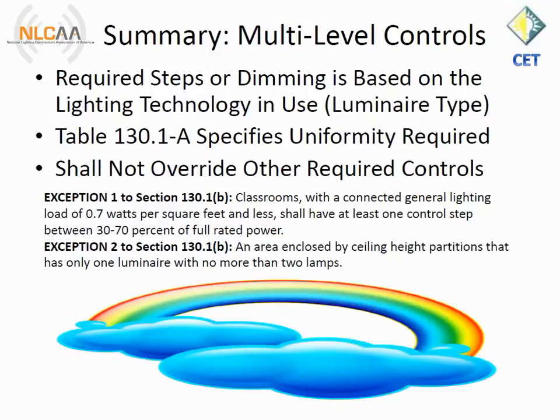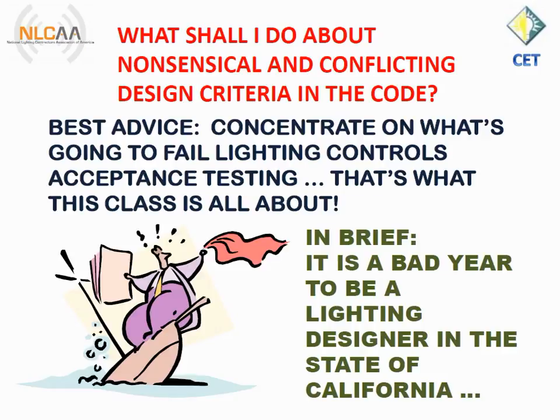Here we see a total of 2 exceptions to the multi-level control requirements. Another suggestion: do not install lighting controls that create an unsafe condition. Technicians in my course of instruction are warned that even if you pass acceptance testing, if it is, in your opinion, unsafe, do not pass it.